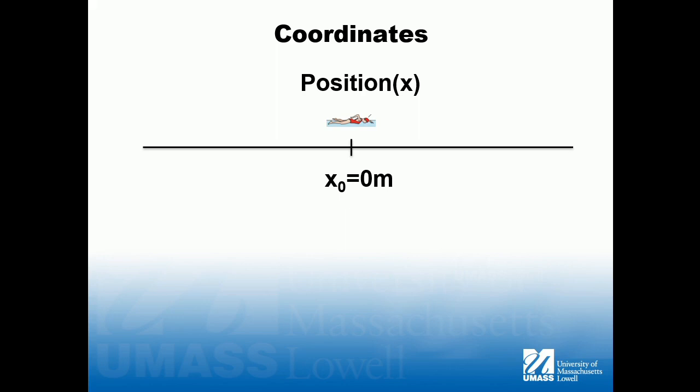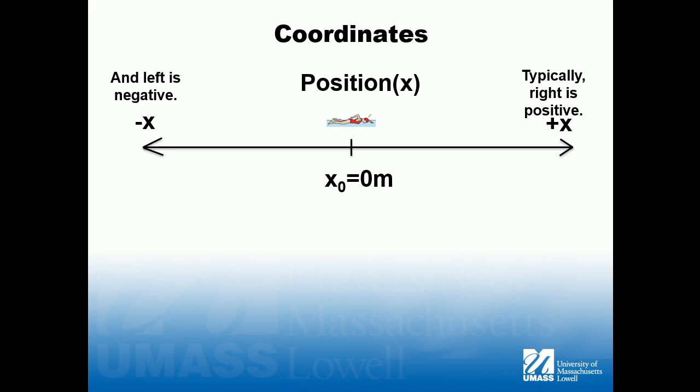Okay? So let's say that this swimmer starts out, and I'm going to take to the right as positive and to the left as negative, and then this person goes for a little swim. They go 4 meters in one direction, and then they go 5 meters in the other direction. So that's what they did. What is the total distance that this person swam?